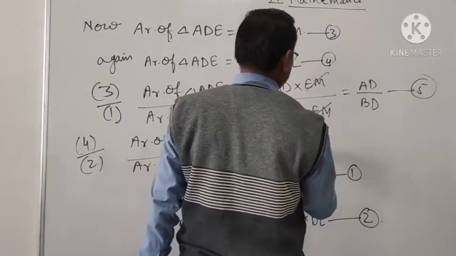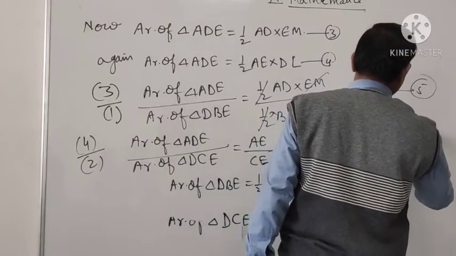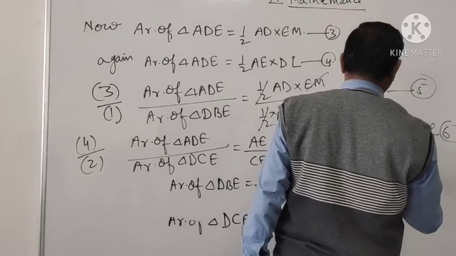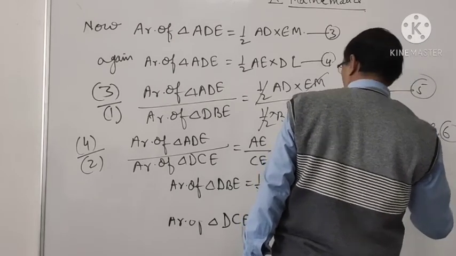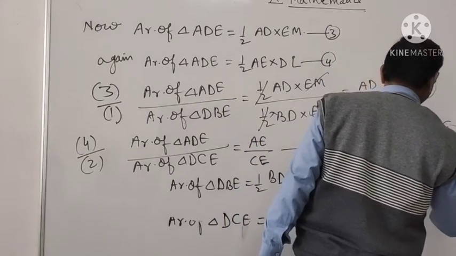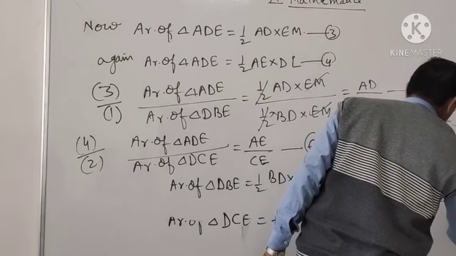This is equation 6. From 5 and 6 we get AD upon BD equals AE upon EC. This is the proof. Hence proved.